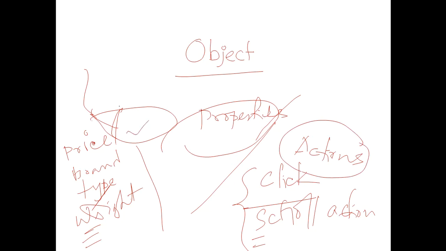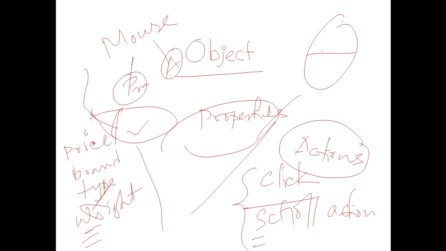So in our case we have the mouse, and this mouse has two parts. One is the property, another is the action part. So any object always has two sections. One is called data associated with the object, another is called action or function.